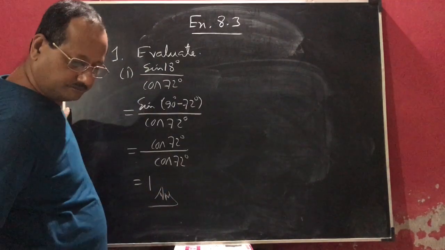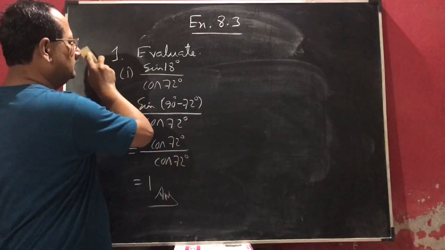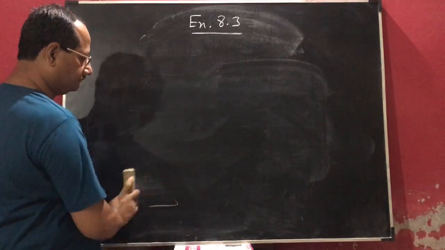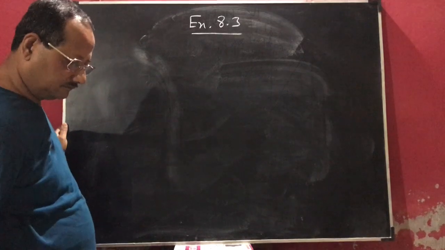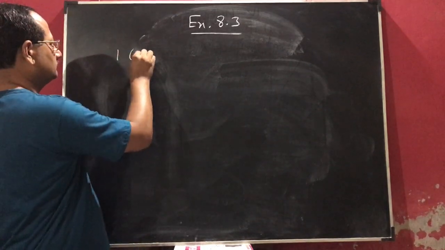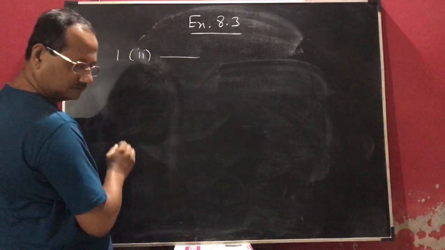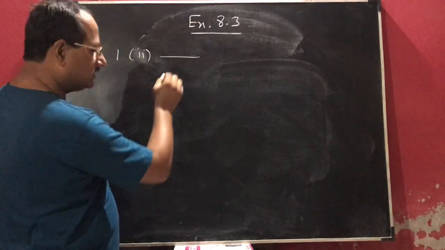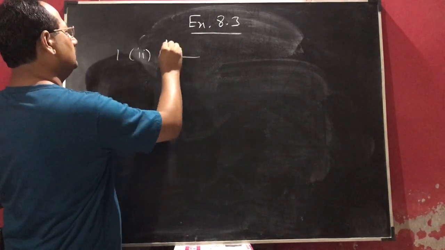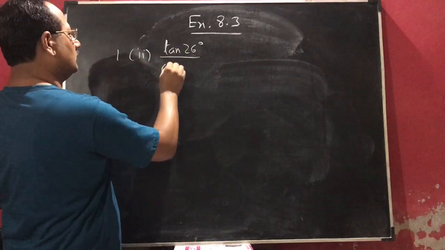Let's come to number 2: tan 26 degrees divided by cot 64 degrees.